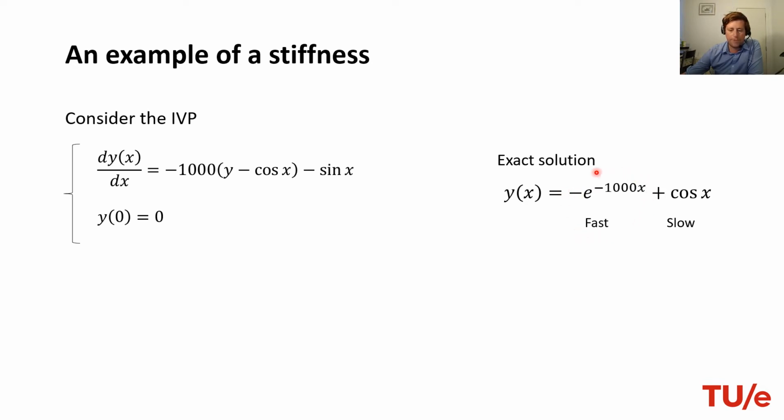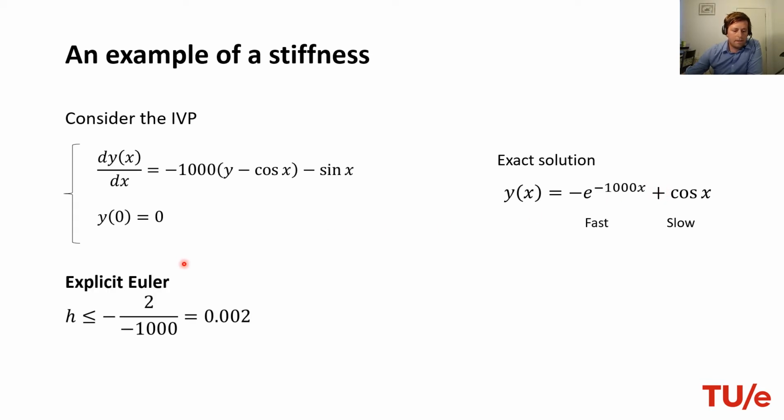One is a very fast component: a very fast decaying component, e to the power minus 1000x, that goes to 0 very fast with x. Whereas cosine of x, at least compared to this fast transient, varies rather slowly. It has a period of 2 pi, compared to the speed of this transient, which is extremely slow.